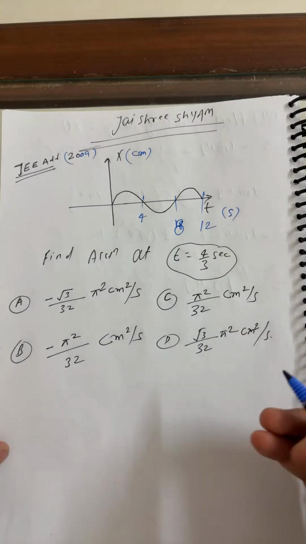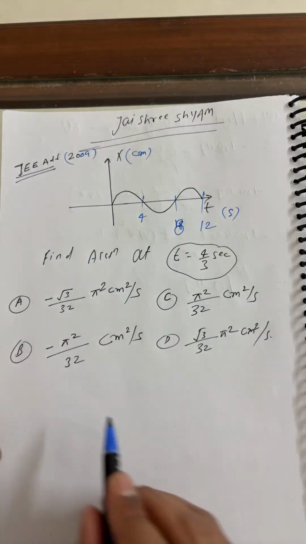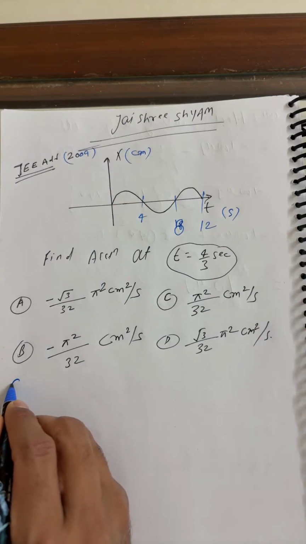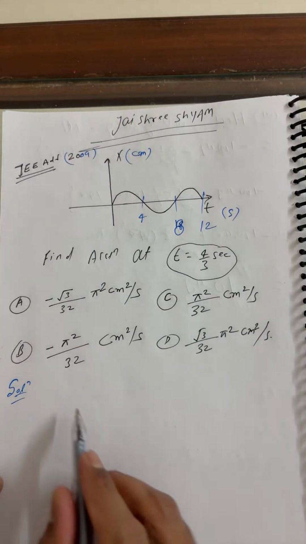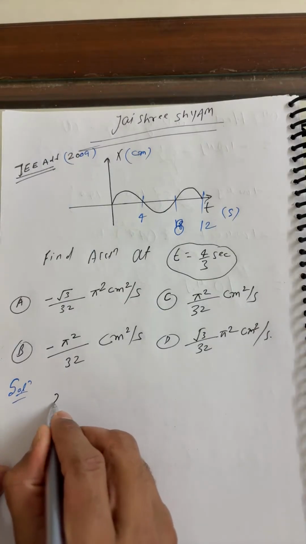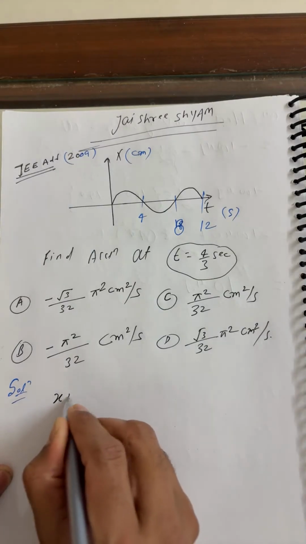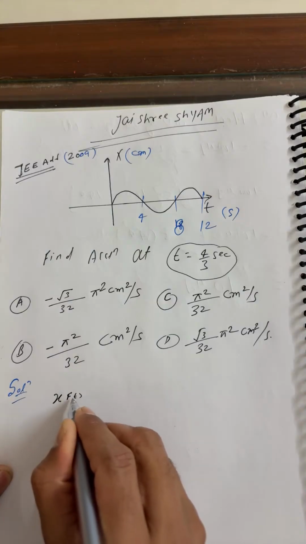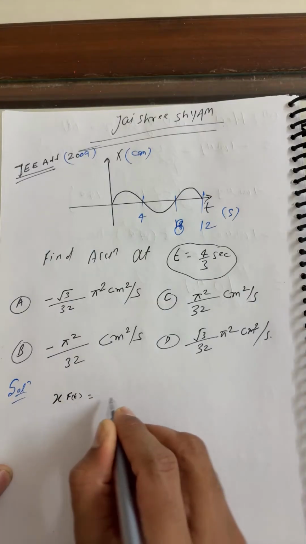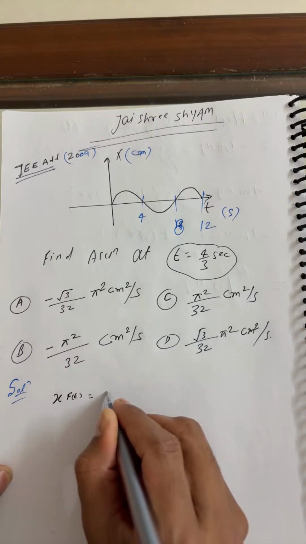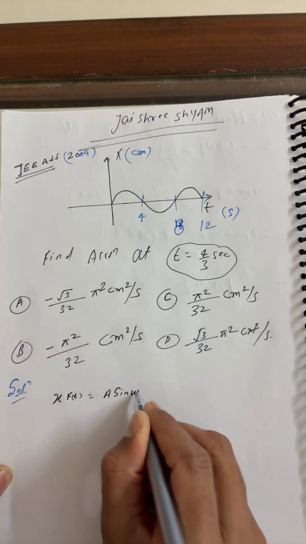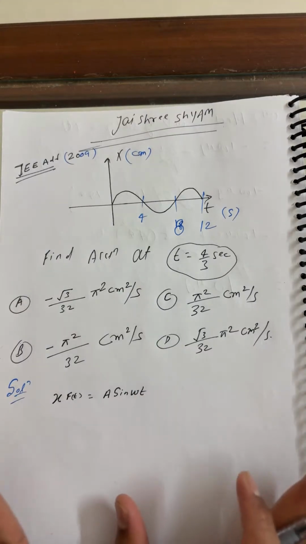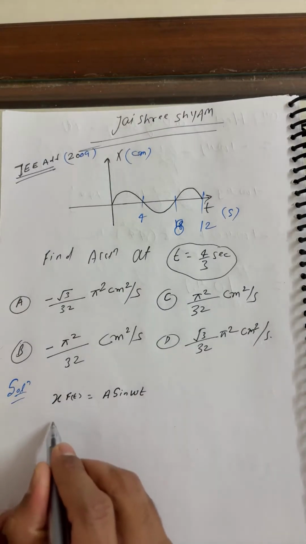Now I'm going to write all the formulas which I'll use here in the solution. First, x as a function of t. This is the general equation of SHM: x equals A sin omega t. I'm not considering any initial phase.